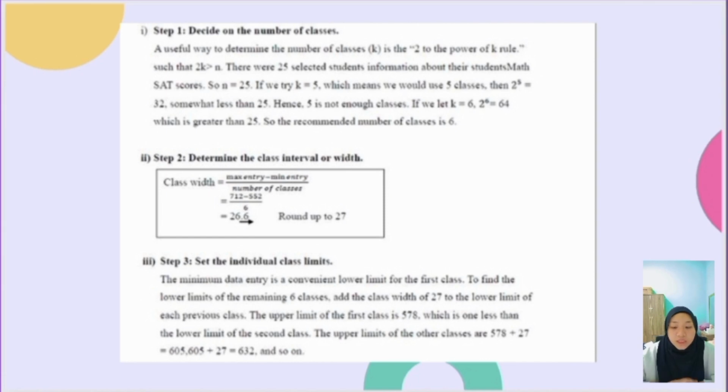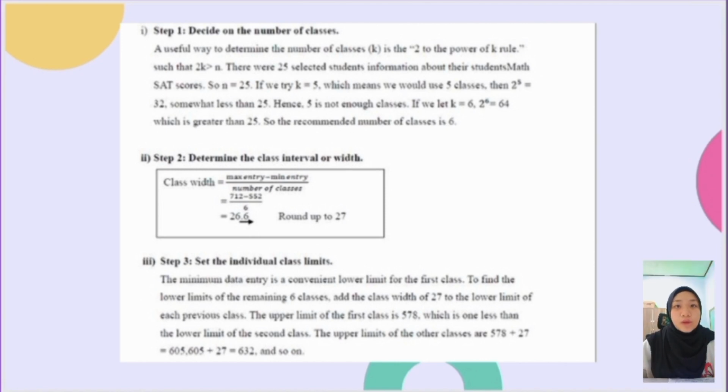For this question, K should be 6 classes because 2 to the power of 6 equals 64, which is greater than 25. The classes should be more than 25 as long as they cover the lower and upper limits in the class.